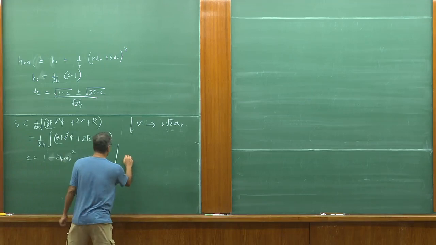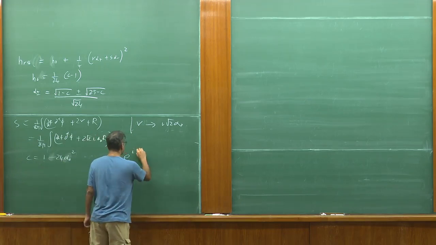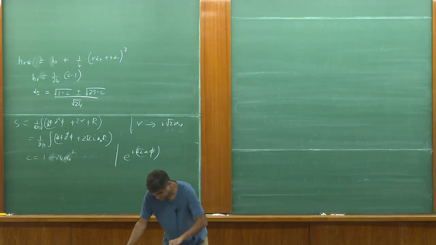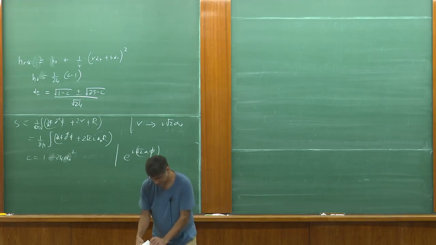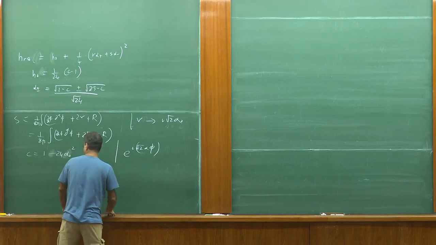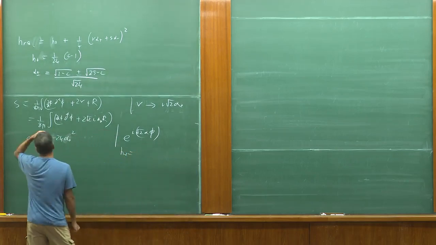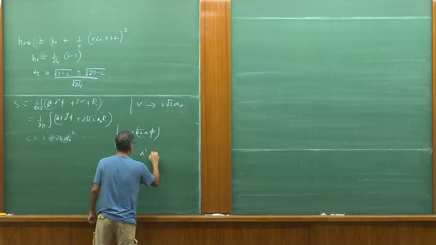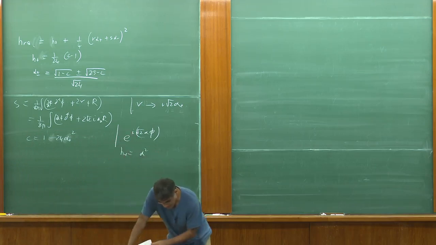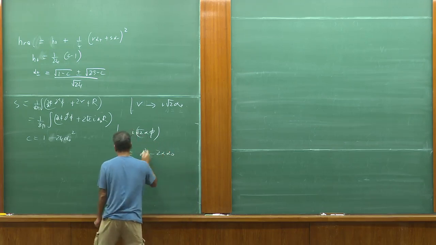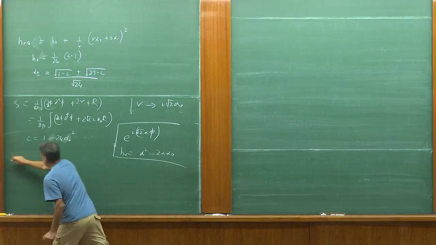We also reminded ourselves that the vertex operators e to the power i sqrt(2) alpha phi turned out to have scaling dimension h_alpha equal to, well, we would have got k squared by 2, so there's alpha squared and then plus or minus alpha naught, minus 2 alpha naught. This you remember.